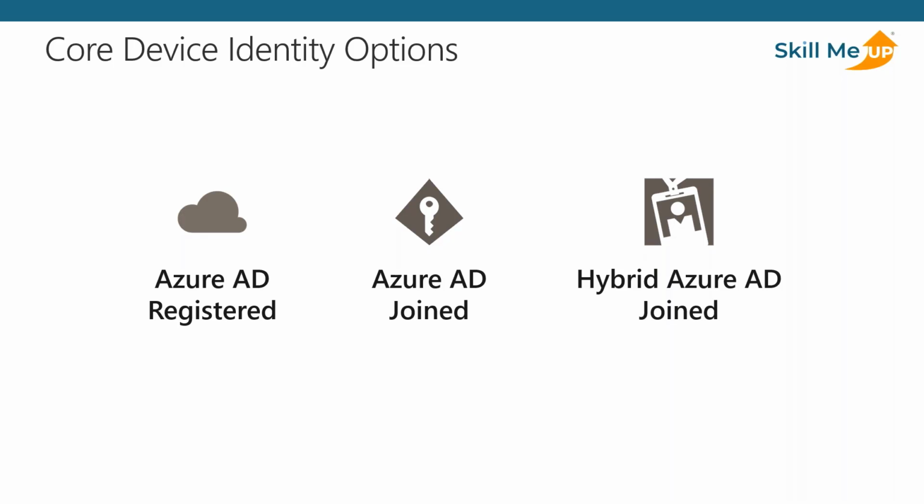And then, of course, there's hybrid Azure AD. If I have an on-premises AD footprint and I want the benefits of both, then I could join it to both of those, and then use that inside a conditional access policy and say, is the device hybrid Azure AD joined? So is it on-prem and cloud? And then I could do something with that.